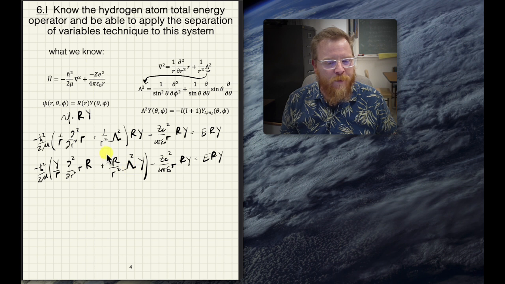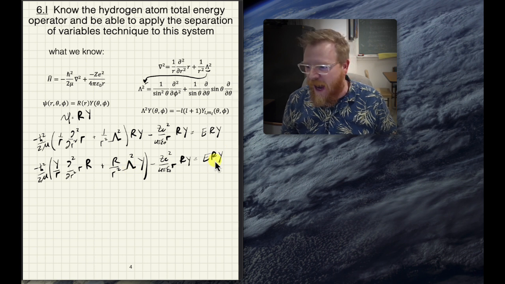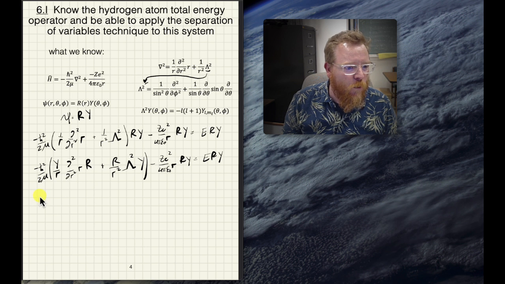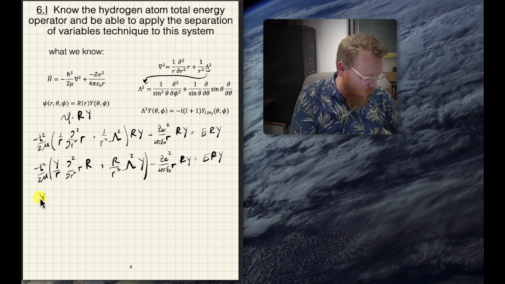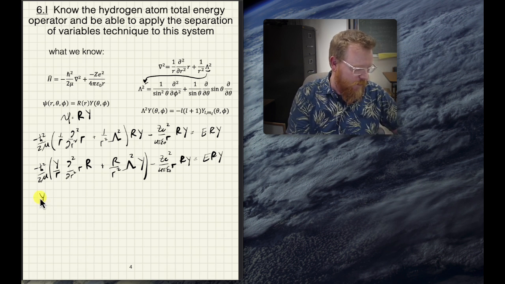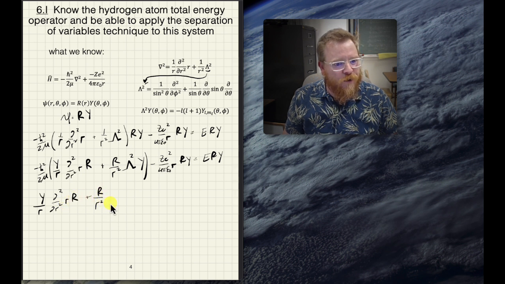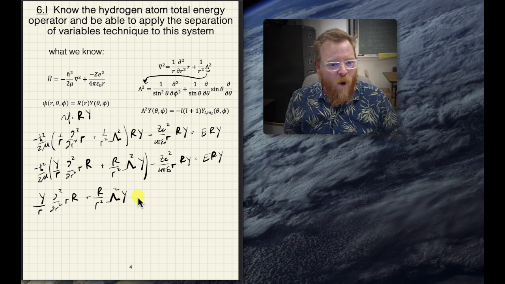So I'm going to push those constants through to the other side, and we'll go from there. So we'll have now that's y of y over r, second derivative in r, plus r over r squared, the Legendrian operating on y.